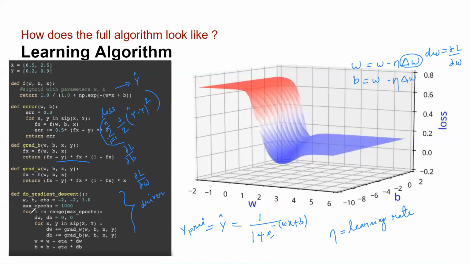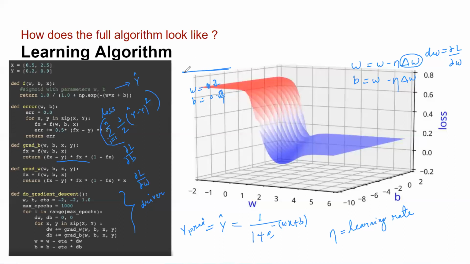Let me do a pictorial representation for you. Here, this is iteration 1. You have got some value of w, 0.1 and b, 0.2, by updating w and b. Now this is iteration 2. This will update to some 0.2, 0.4.